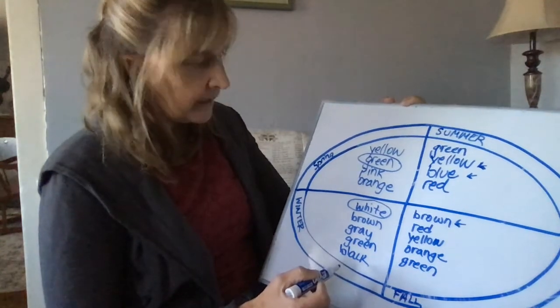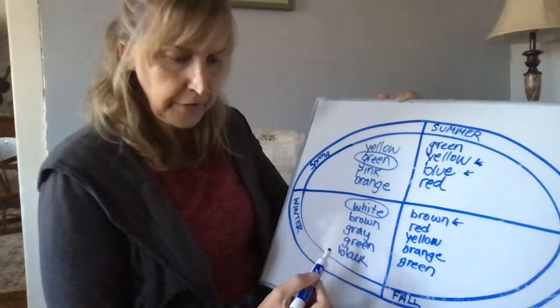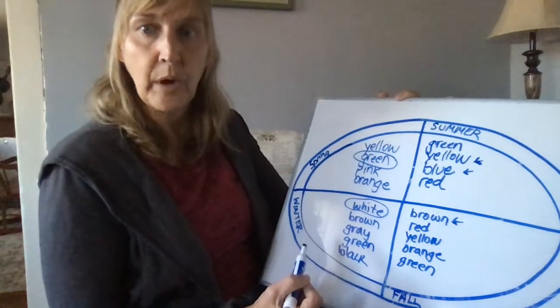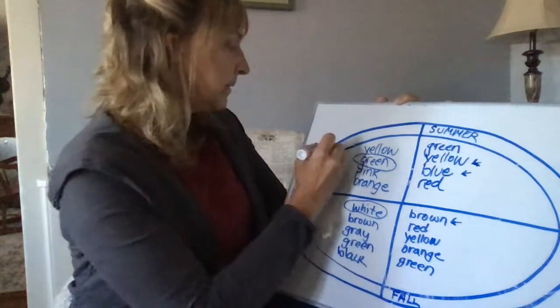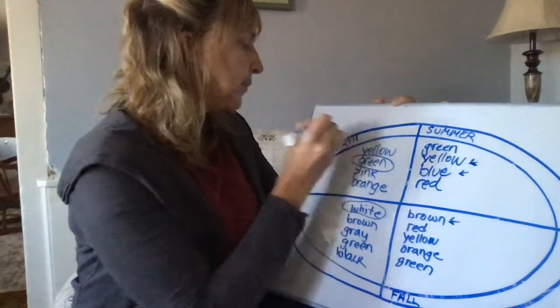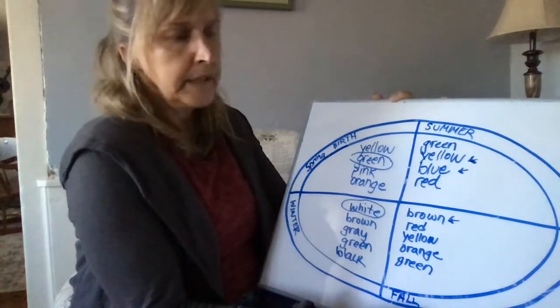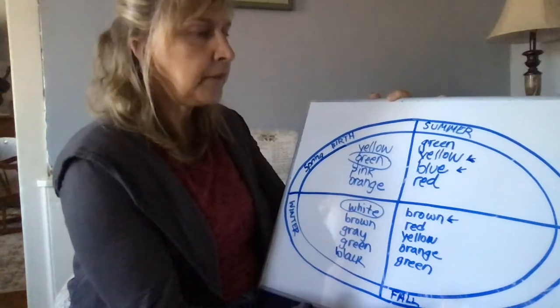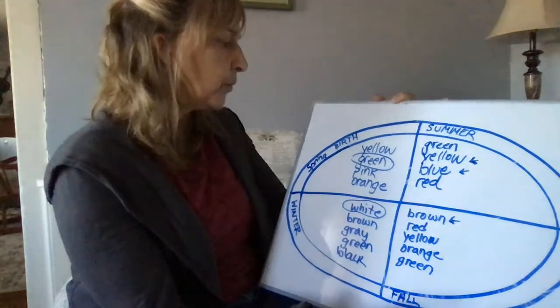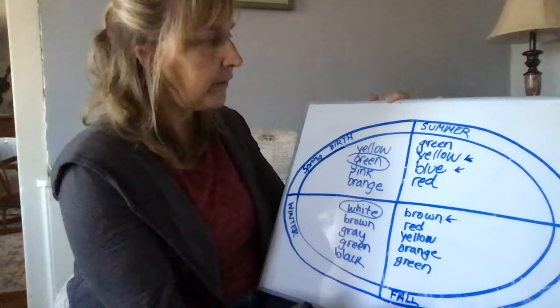Okay? So now let's take this one step further. If spring were a time of life, what would it be? Well, it's birth, right? In the springtime, buds push through the earth. You start to see animals again. They come out of hibernation. So if spring were a time of life, it would be birth.